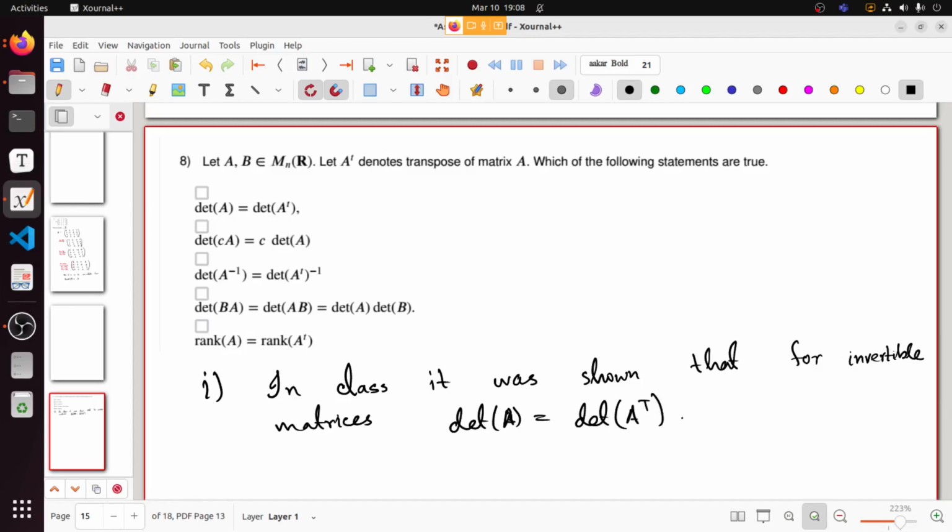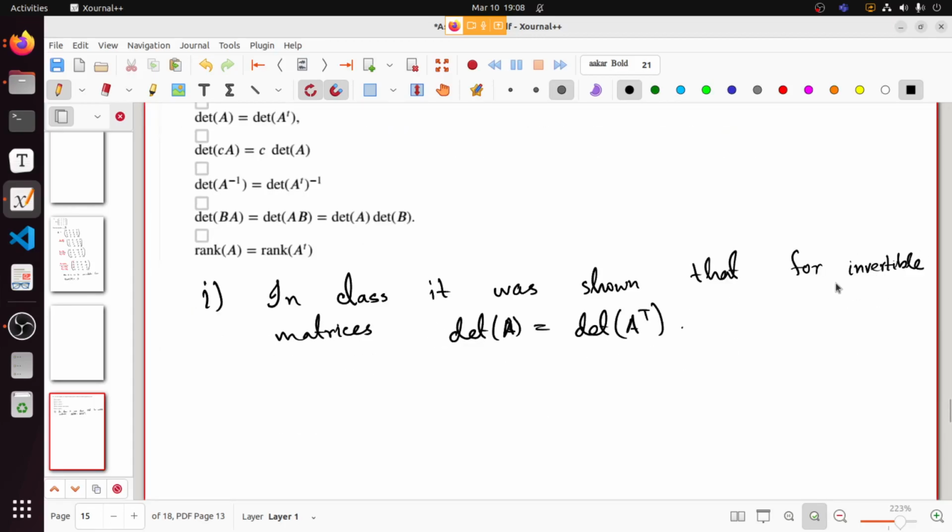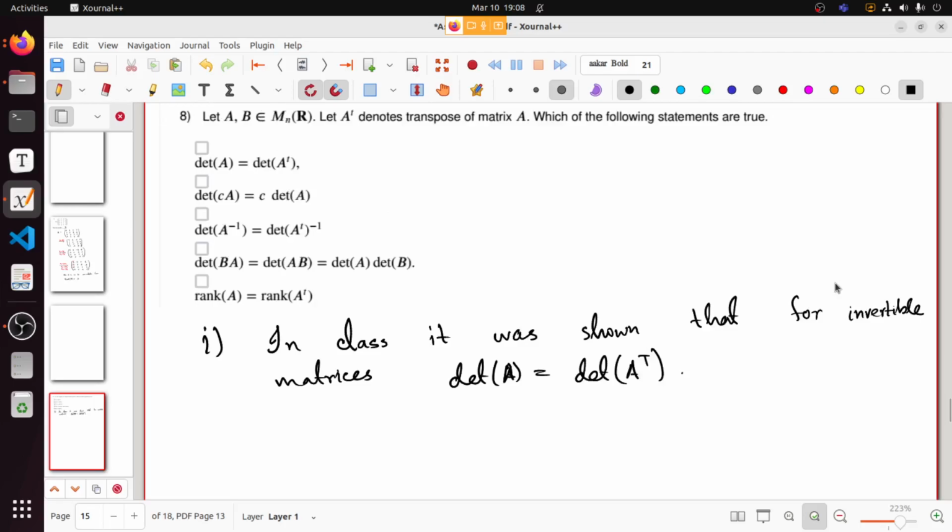If A is invertible you can write it as a product of elementary matrices, and now take the determinant, and the determinant of a product splits up, meaning det of AB is det of A times det of B. Now using this you can prove this.